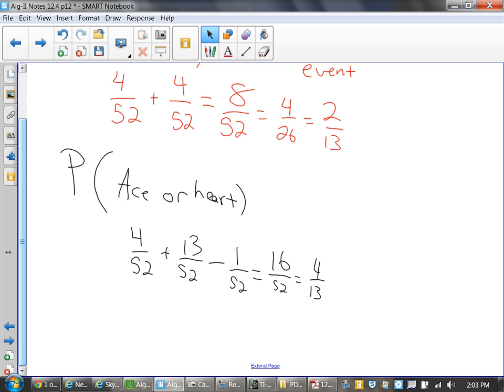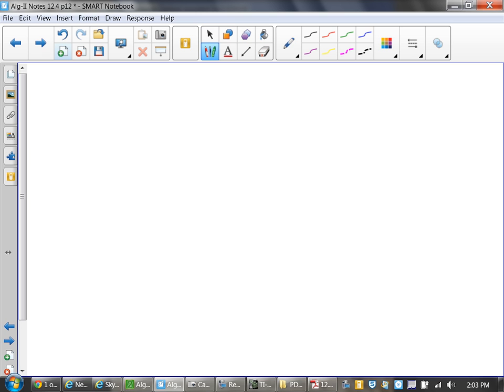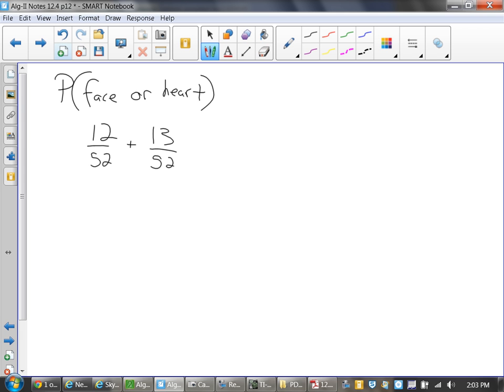When they call face cards in this book, they're calling them jacks, kings, and queens. How many face cards are there? 12. It's 12 out of 52. How many hearts are there? How many of those face cards were hearts?